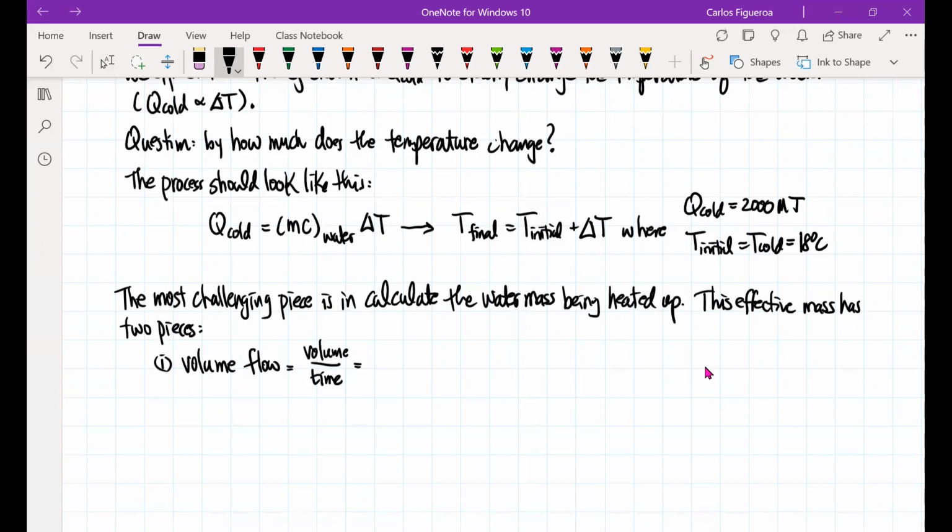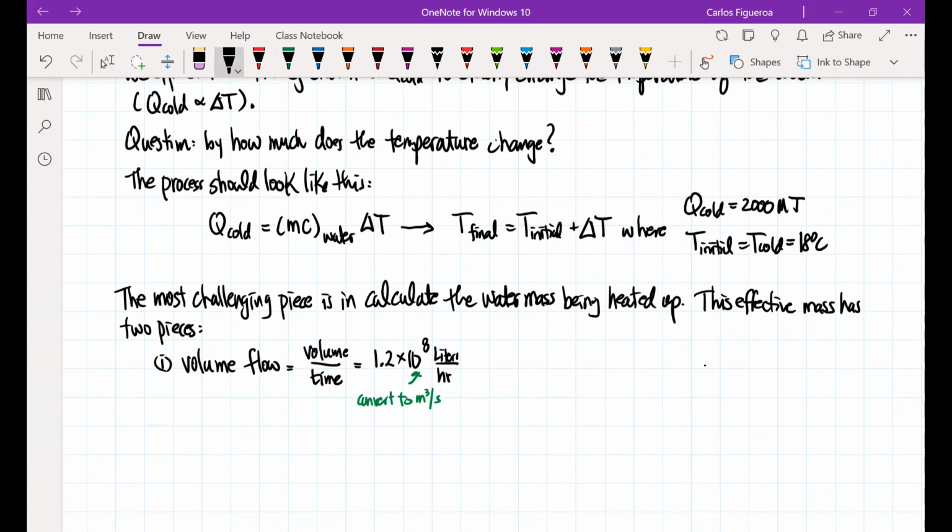But they tell us what that is. You could see here that this is 1.2 times 10 to the 8, in liters per hour. So we have to convert to meters cubed per second.